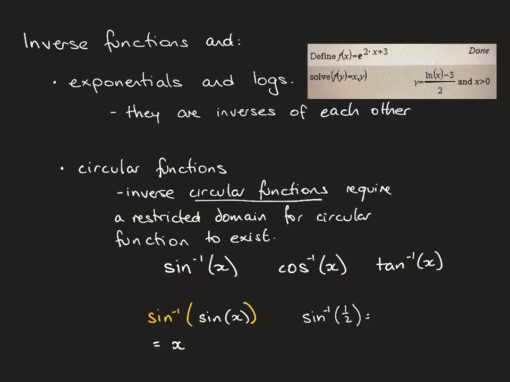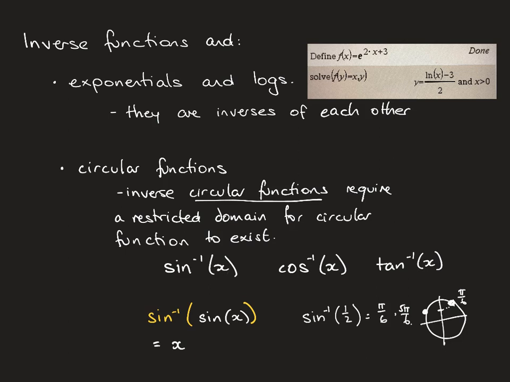It spits out pi on 6. But we know from our work with the unit circle that there are many other values other than pi on 6 that have a sine value of a half. 5 pi on 6 is the next one round in the rotation.